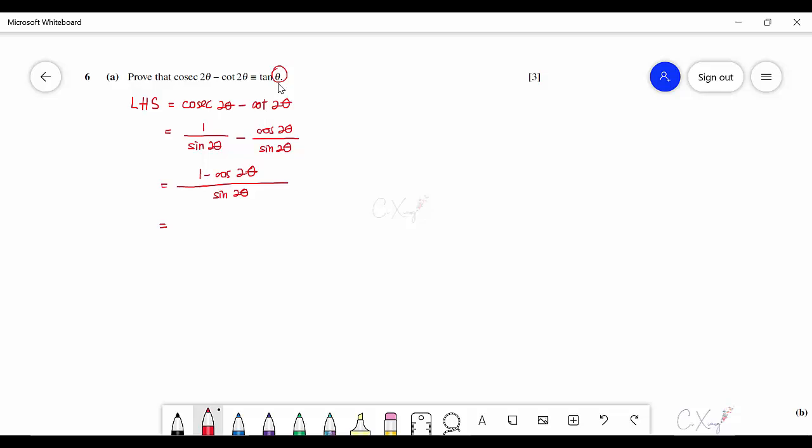Okay, and then the next step is I want to expand the double angle, so that I get something in single angle, in theta. For tangent theta, it should be sine over cos. So that means I should have something related to sine on top, then cos at the bottom.